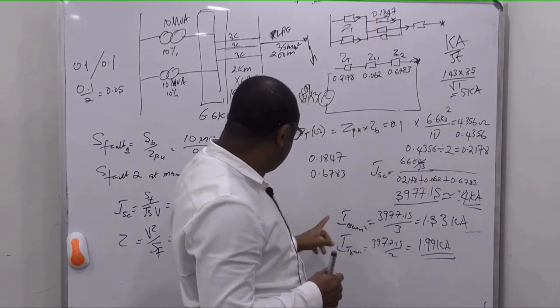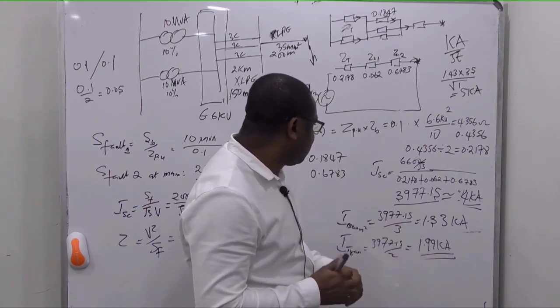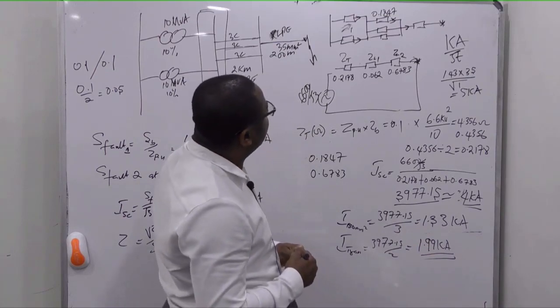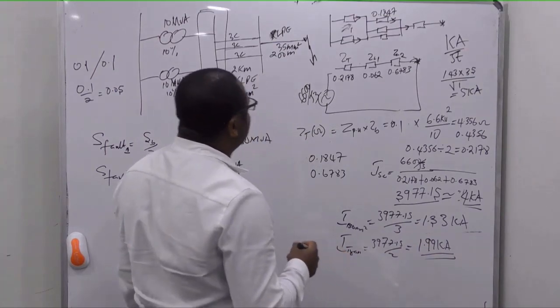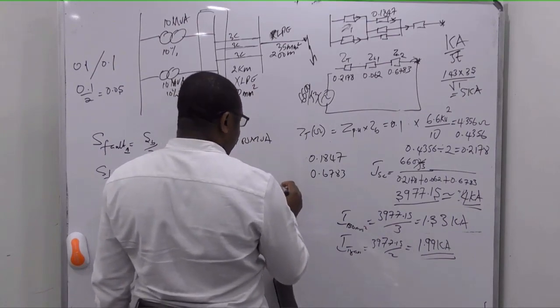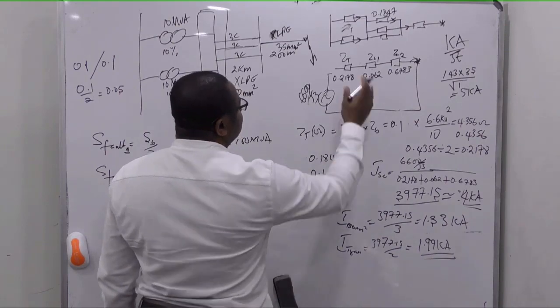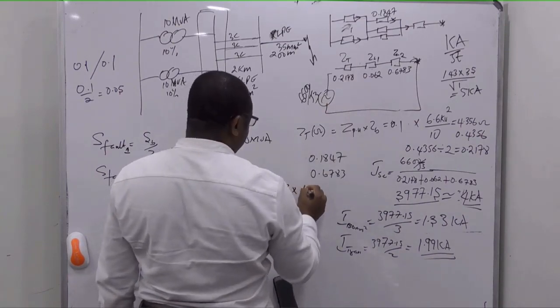The fault current flowing is 1.3, and it's XLPE also. So the short circuit rating is 143 times the size of the cable there, which is 150.